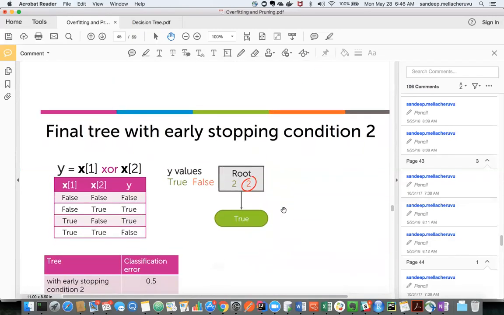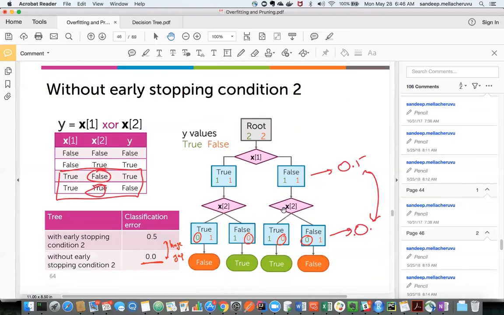If we keep on growing the tree after this, then the classification error becomes 0. This tree we have already seen yesterday, Friday.